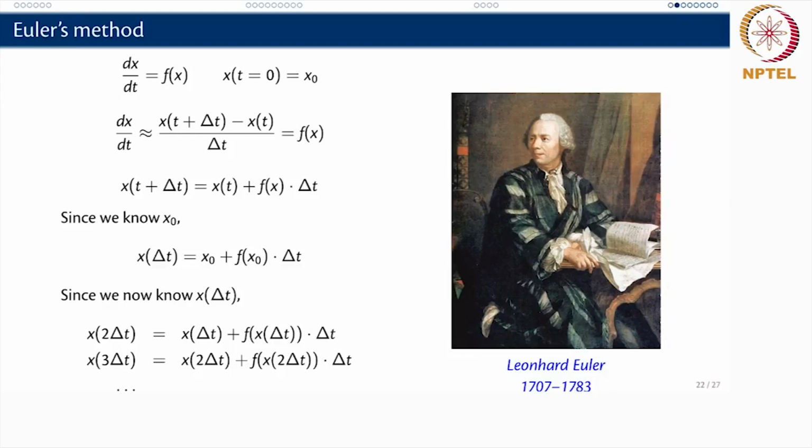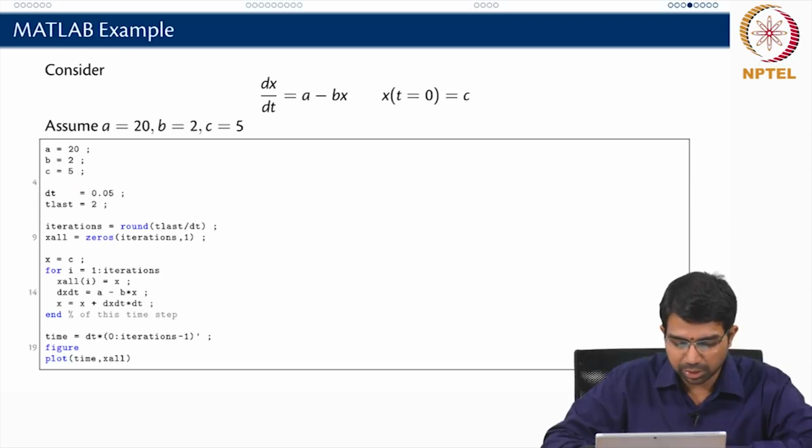From a computational coding standpoint, this is x plus f of x, at the current value of x, into delta t. That is exactly what we are doing here. x equals x plus f of x, which is nothing but dx by dt, into delta t, that is it. So, all the action is happening in line 15 of this code.